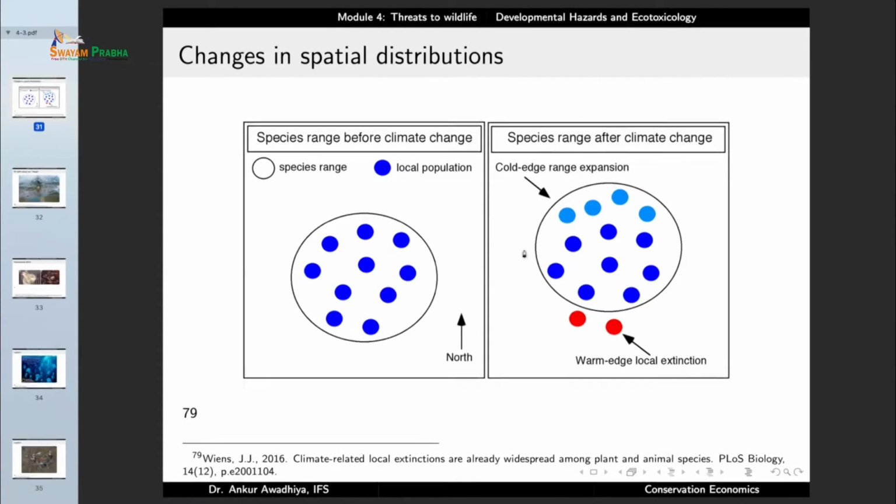Or those areas that were so far inaccessible to certain organisms are now getting colonized. So there is a change in the spatial distributions of different organisms. This is also because of global warming, which is occurring because of unsustainable economic growth.